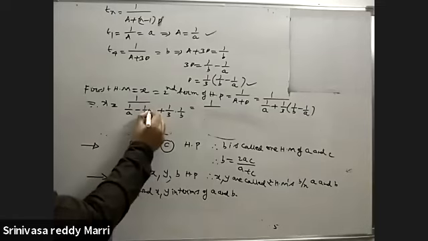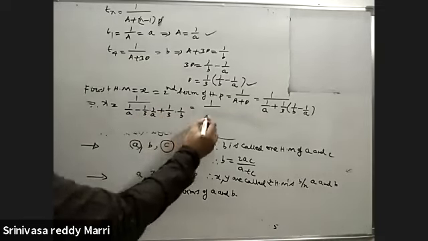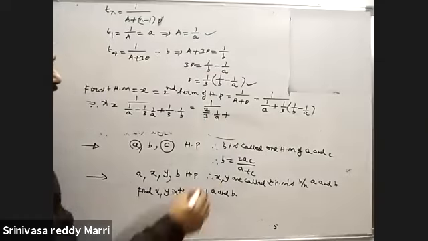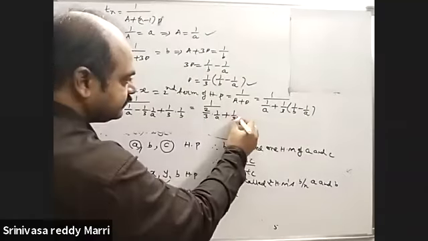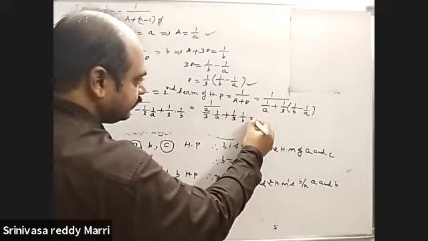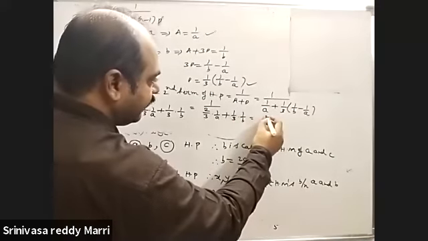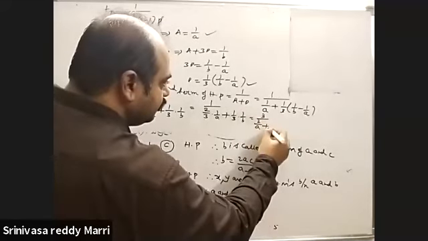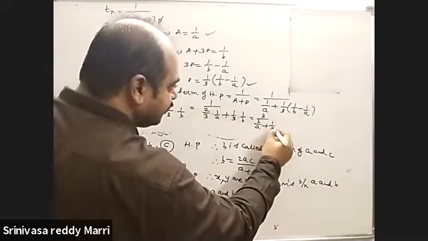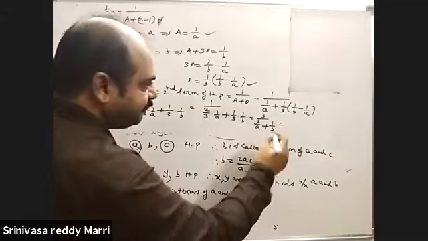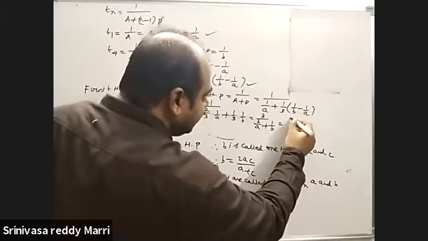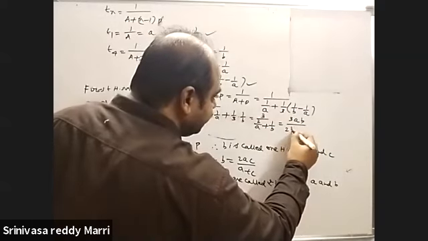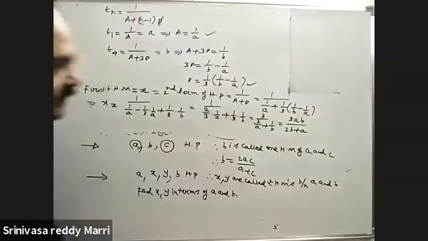That means 2 by 3 into 1 by a plus 1 by 3 into 1 by b. So you will get 3 divided by (2 by a plus 1 by b). If you further simplify, take the LCM: 3ab divided by (2b plus a).